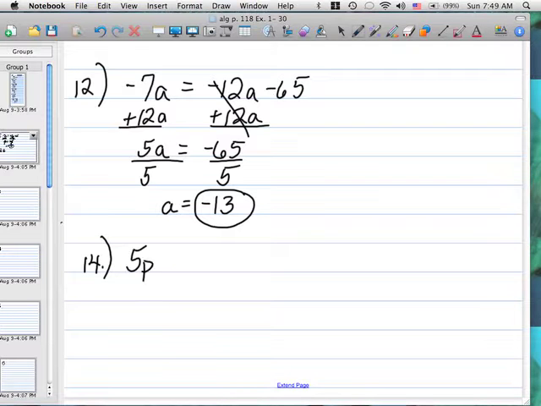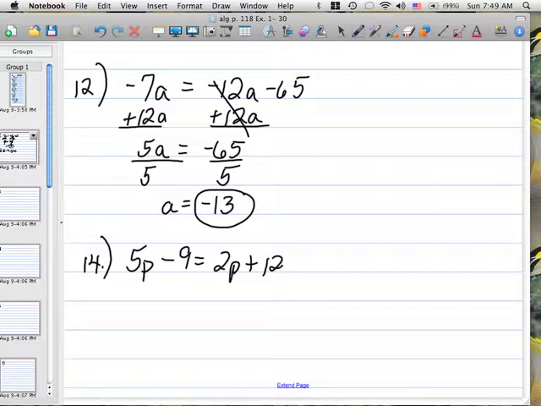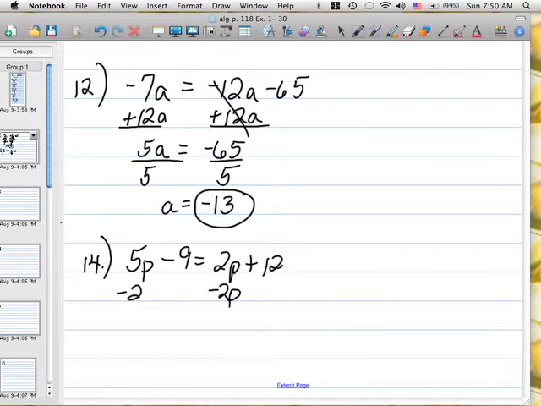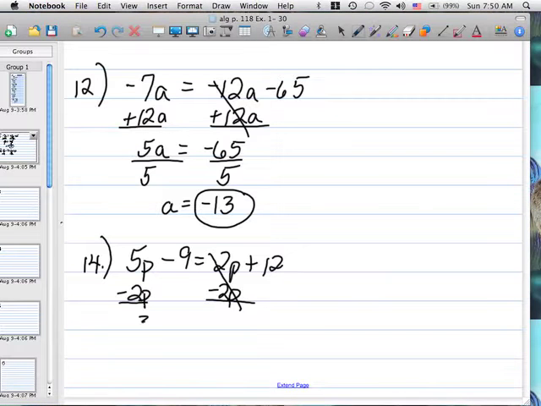Problem 14, we have 5p minus 9 equals 2p plus 12. When you have variables on both sides with another term, usually the best thing to do is keep the term with the variable positive. So I'm going to subtract the 2p from both sides. So we have 3p minus 9 equals 12.